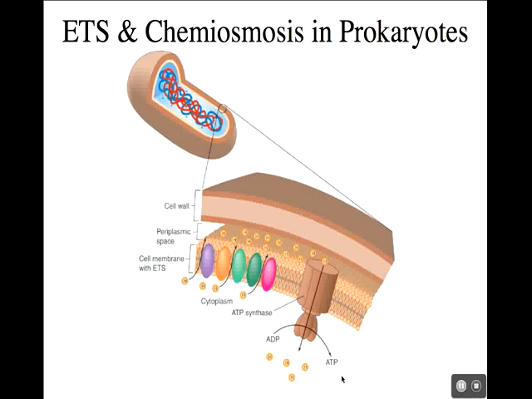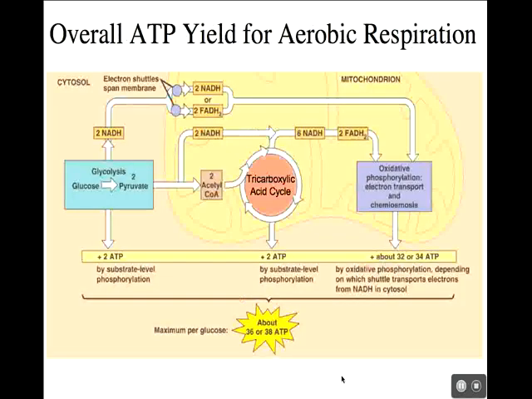So let's put all of these different parts of aerobic respiration together, if we encompass both glycolysis and the tricarboxylic acid cycle together with the electron transport system and chemiosmosis. Remember, in glycolysis, we had glucose going in, 2 pyruvates coming out, 2 NADHs made, and 2 ATPs made as well.